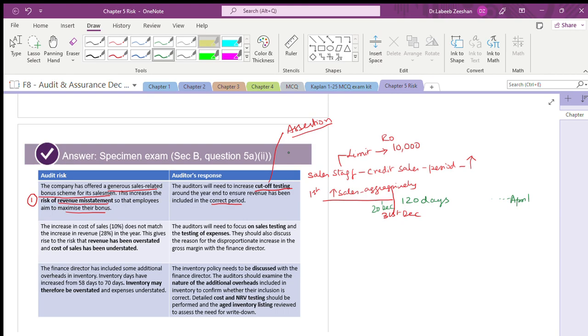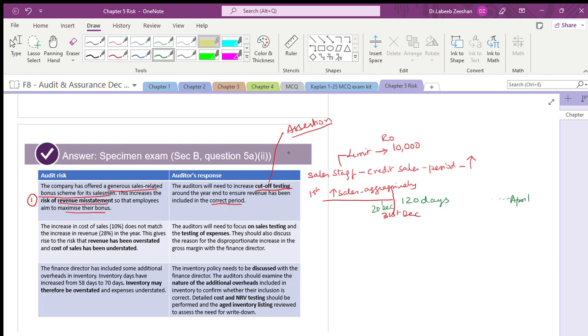Cutoff means 31st December. We have to ensure that the next year sales are not included in this year. We are not writing these things; we have to write a summary, very simple. The auditors will need to increase cutoff testing.